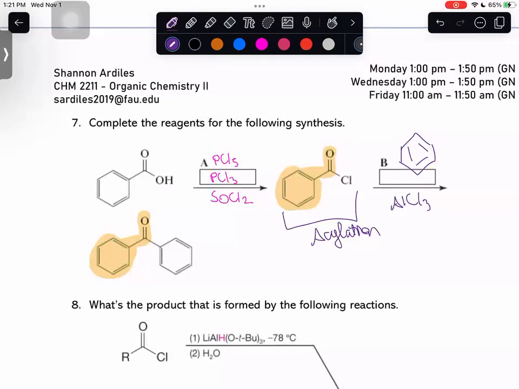How is that an acylation though? You're not adding an acyl group. I am adding the acyl group. I formed the reagent, which was the one in here. And then practically, the reagent is initial. In reference, you're adding the benzene group to the acyl group.